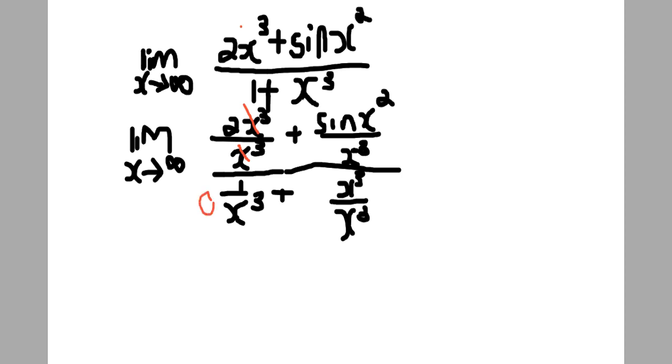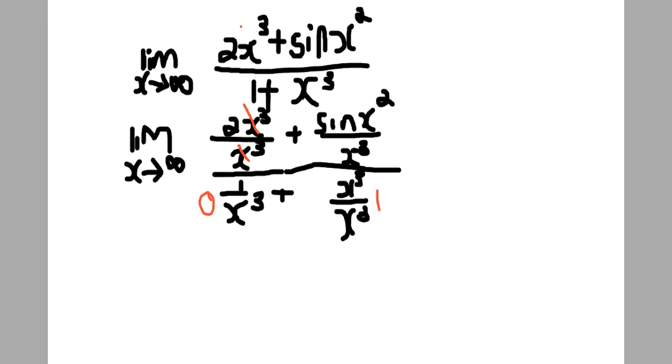Why do we have 0? Because this is the largest number, and we are dividing 1 by the largest number, so it is going to be 0. Then we look at x cubed over x cubed, which is going to be 1. Why is it 1? Any number divided by itself is 1.